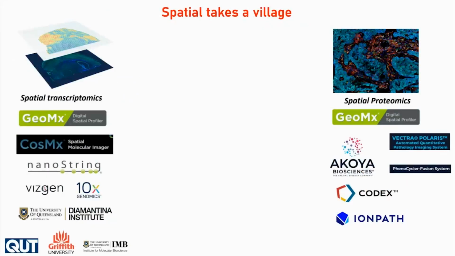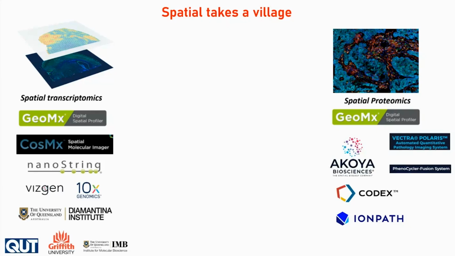There is a caveat though: spatial does take a village. So we use a number of approaches. Initially, our lab was doing unbiased whole transcriptome approaches using a number of methodologies listed on the left here. Then we typically validate a lot of these findings using spatial proteomics, and I've named a couple of technologies we use here.